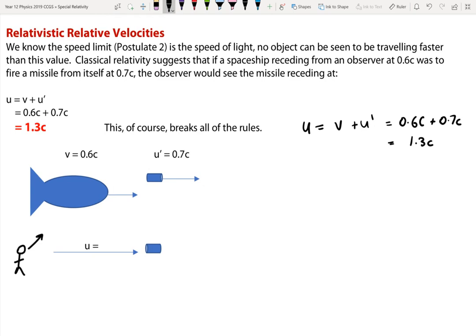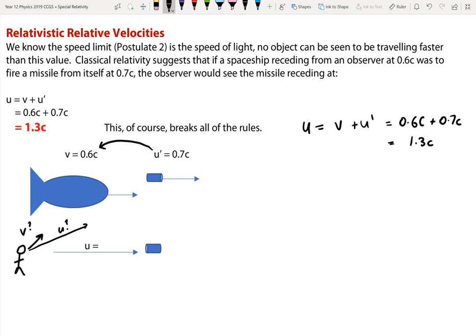So I've just added here, u prime is always going to be the velocity of an object with respect to v. He's measuring v, and then he's going to look at that missile, and he wants to know what u is. So u prime is always going to be the speed from the moving reference frame, or from the other frame of reference.